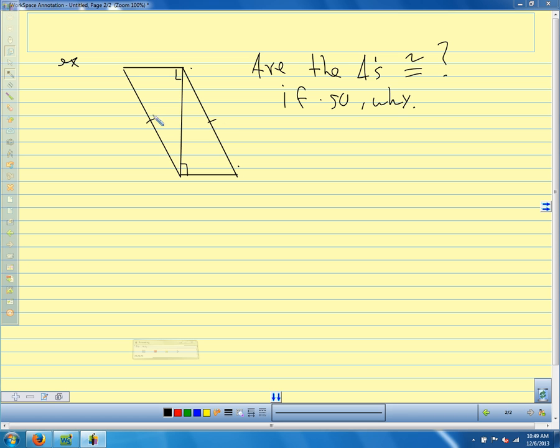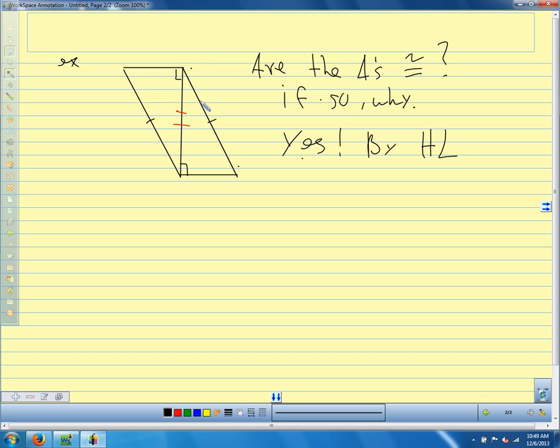The side that they share is congruent to itself. So I'm going to do that in red because that's what we figured out on our own. That didn't tell us that. So those two are congruent. So we can say yes, they're congruent by hypotenuse leg.